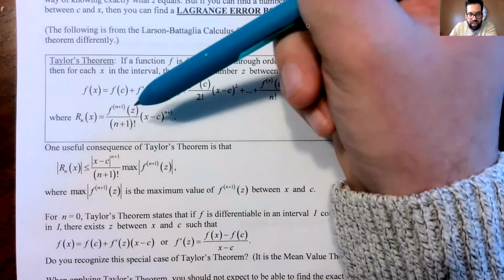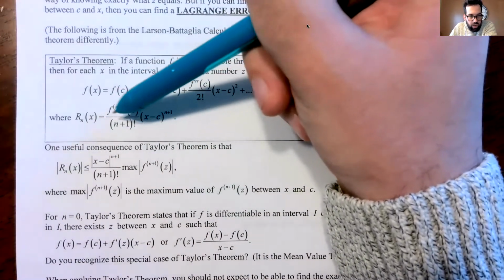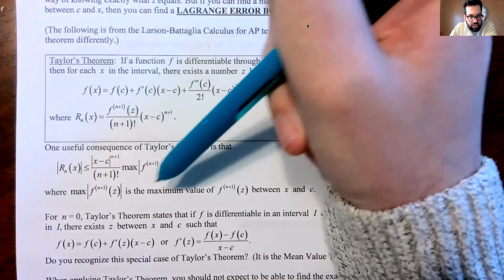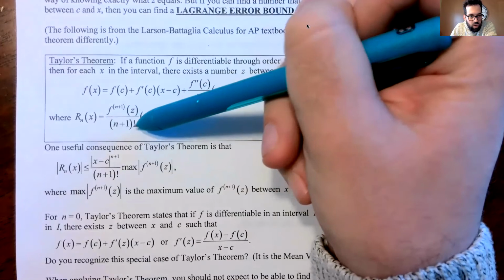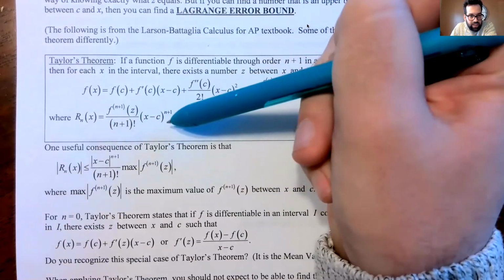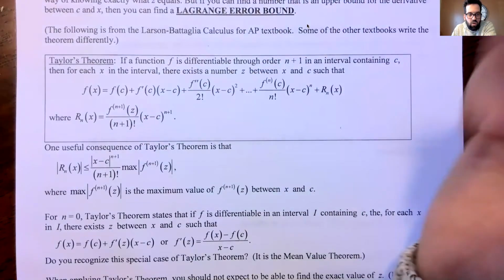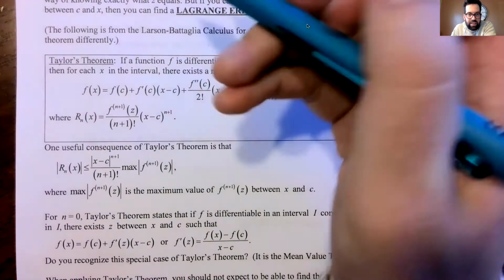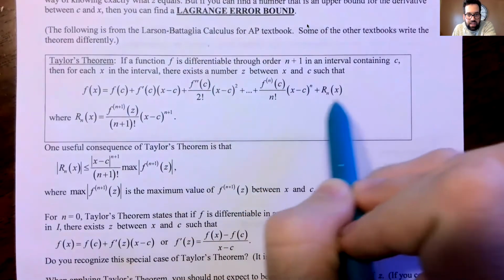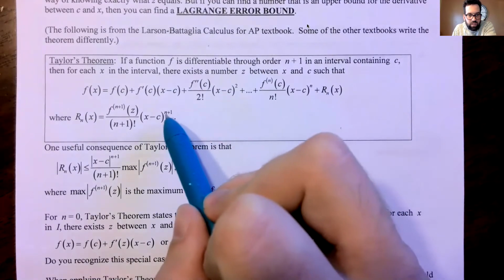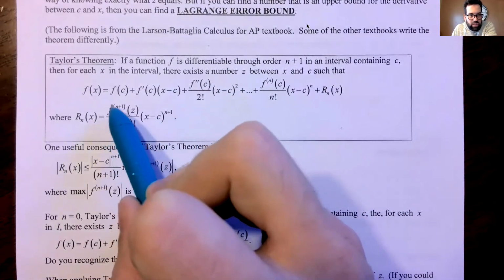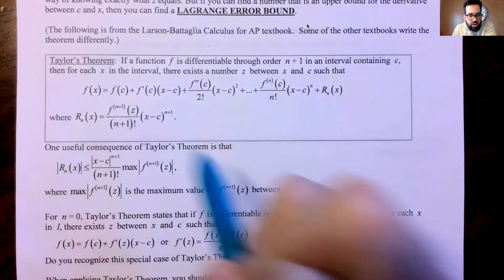What is all of this that's going on here? First of all, I hope that if we just ignore this numerator for a second, the rest kind of makes sense. Or in other words, this part, we have n plus 1 factorial times x minus c to the n plus 1. Hopefully that makes sense. That's just talking about everything that goes into the next term of the series, the n plus first term. The trick is, what are we plugging in as this derivative?